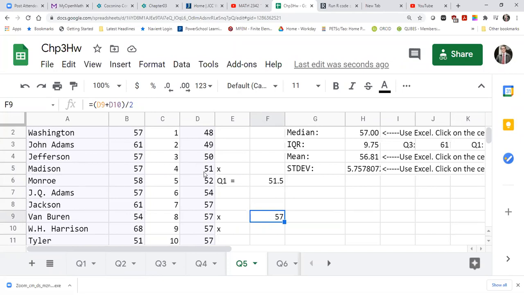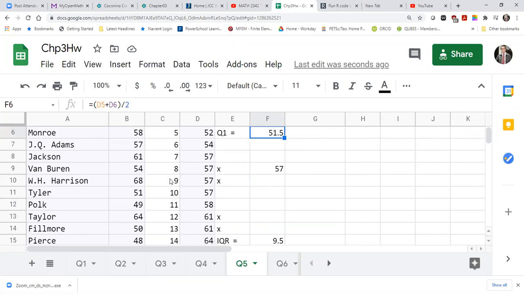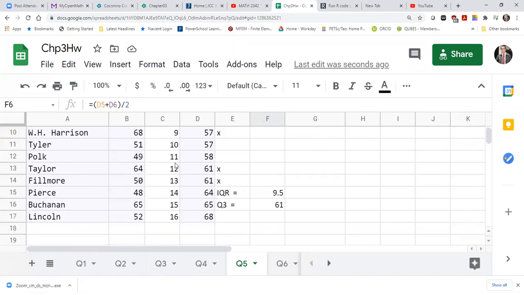These two guys are D5 and D6. So you add D5 plus D6 divided by 2, and you get the first quartile. And the middle of the second half, from 9 to 16, will be 12 and 13.